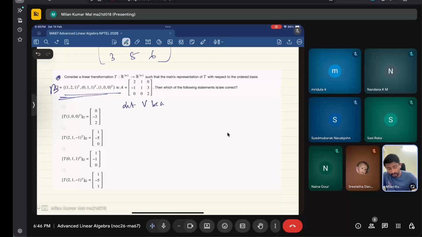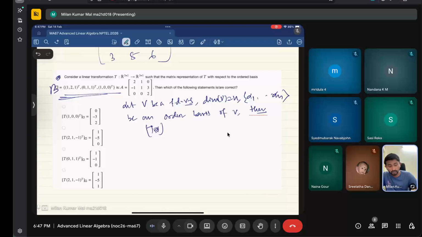Let V be a finite dimensional vector space, and the dimension of V is n, and let alpha 1 through alpha n be an ordered basis of V. Then what we can say is that for any alpha in V, T alpha with respect to this ordered basis, which I'll call beta, is equal to the matrix representation of T and alpha with respect to beta. This is what it is.